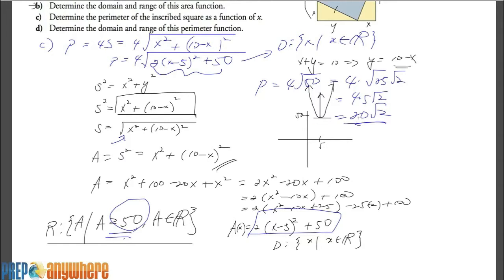That's the smallest value of the perimeter, but it's only going to get bigger than that. So therefore, the range of the perimeter is: perimeter is greater than or equal to 20 root 2, where the perimeter belongs to the set of real numbers.